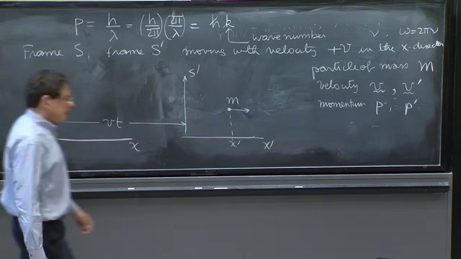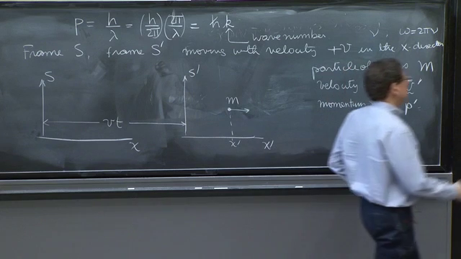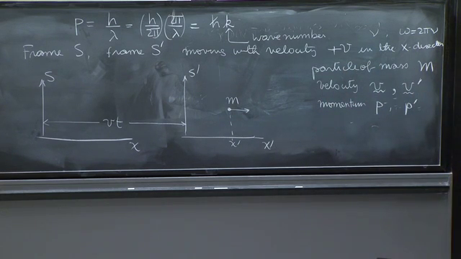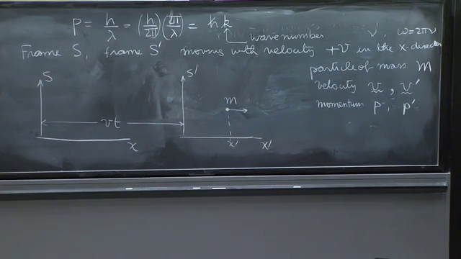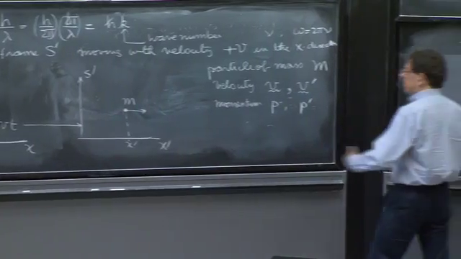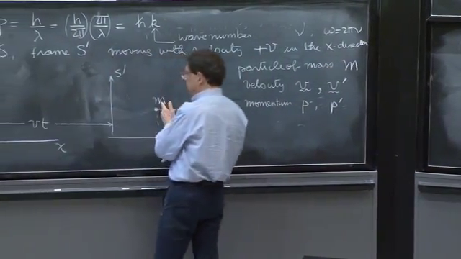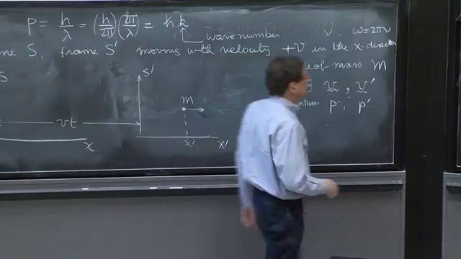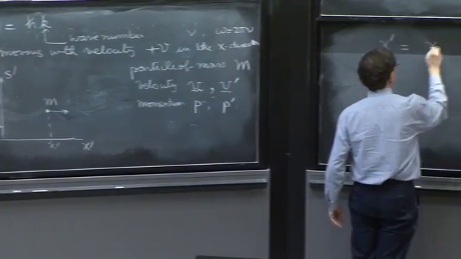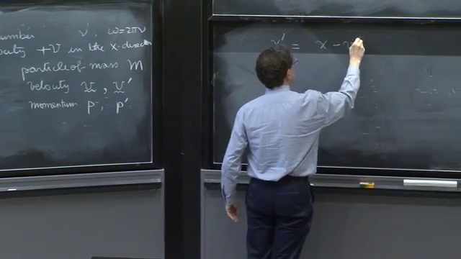So it's simple to write equations to relate the coordinates. So x prime, for example, is the value of the coordinate x of the particle minus the separation. So x minus vt.